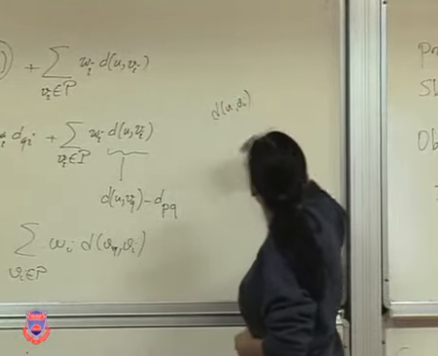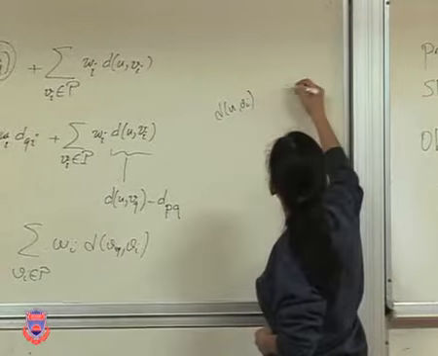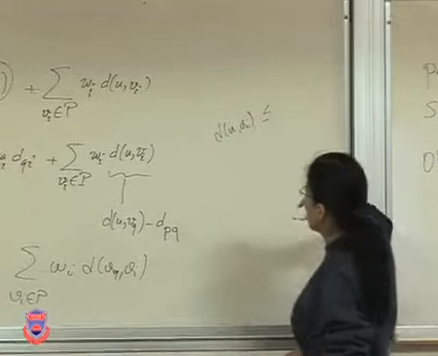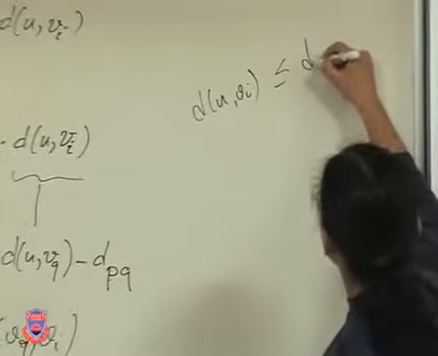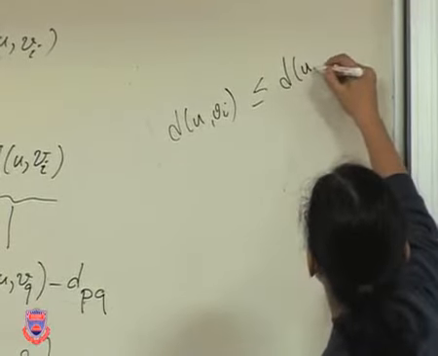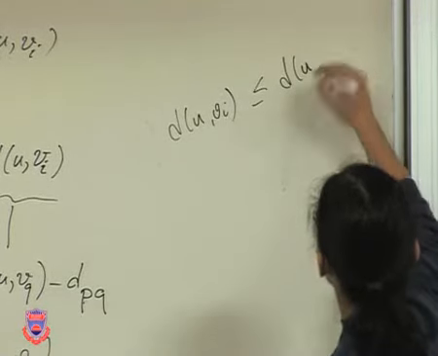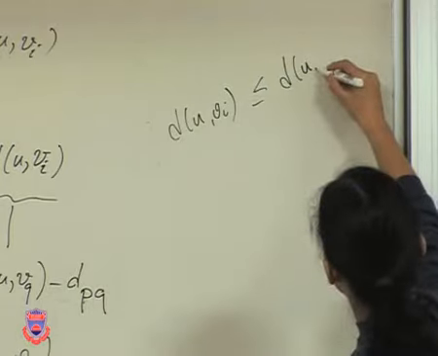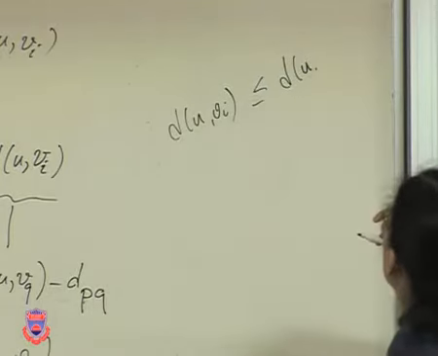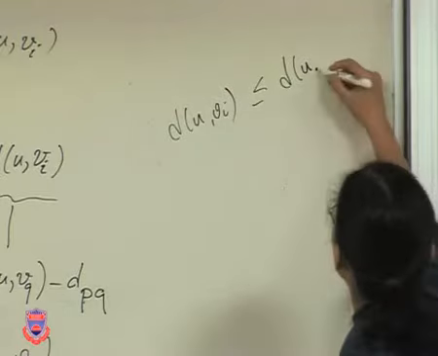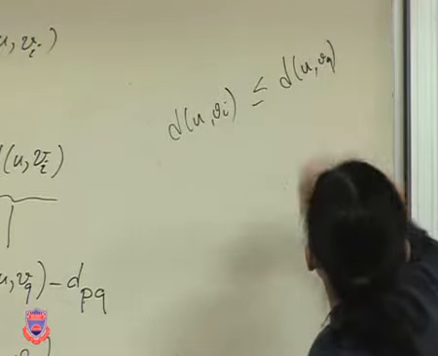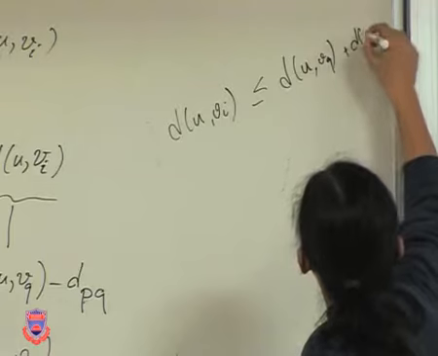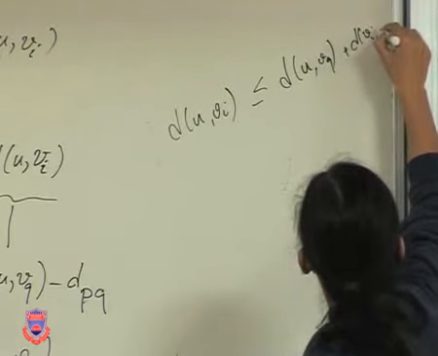The distance U VI is less than or equal to the distance from U to VQ plus the distance from VQ to VI.